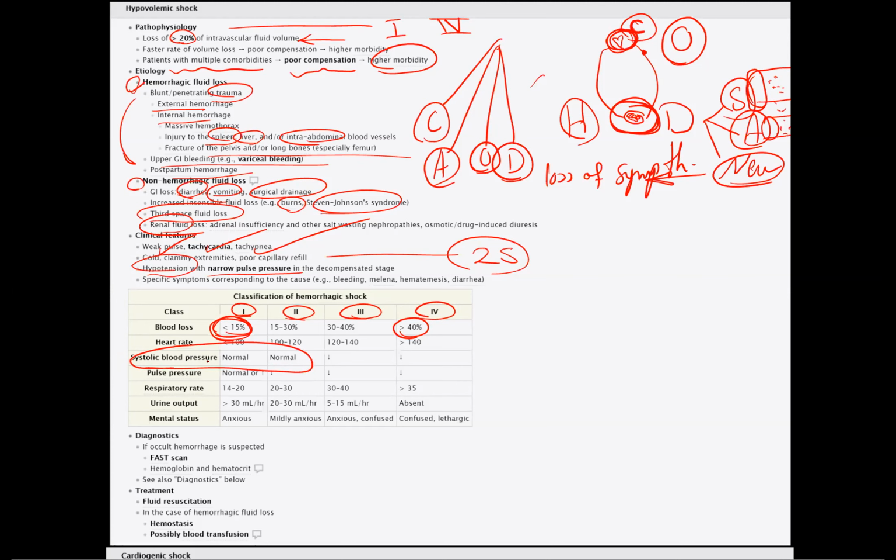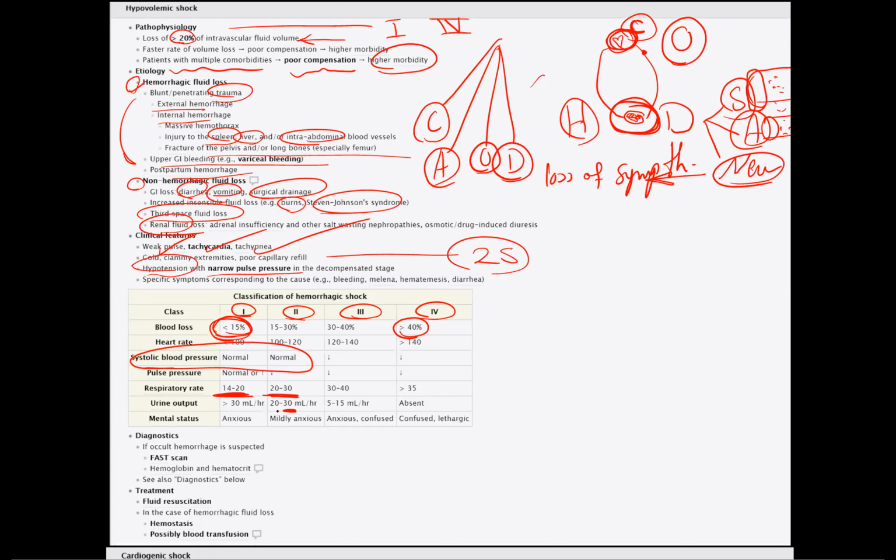We will have also respiratory rate. Here is normal, but here the patient will be tachypneic up to 30. The urine output will be maintained above 30 ml per hour.